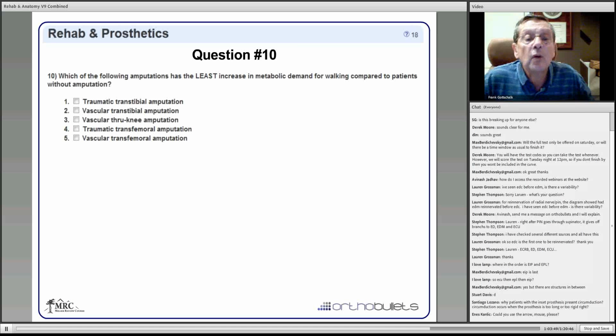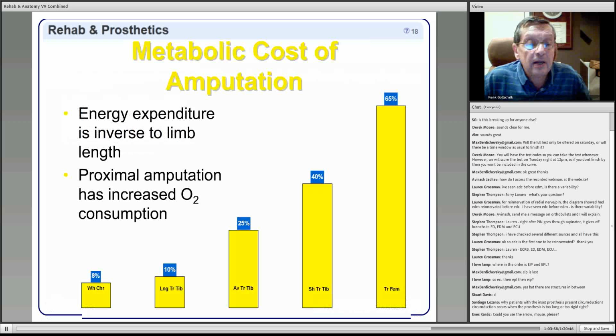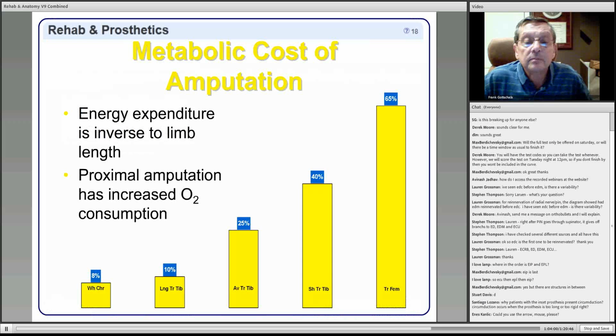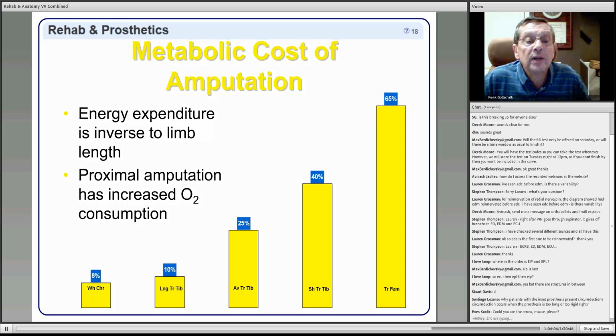Which of the following amputations has the least increase in metabolic demand for walking compared to patients without amputation? And if we look at the bar diagram of energy expenditure, we note that energy expenditure is inverse to limb length, so the longer the limb length, the less the energy expenditure, and it's measured with oxygen consumption.